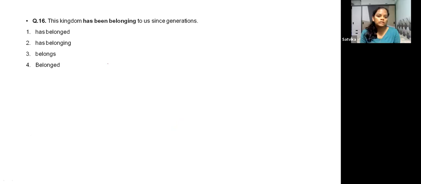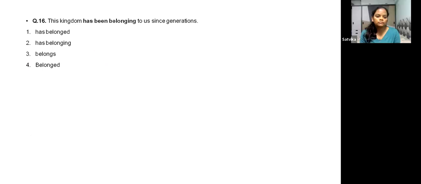Has belonged to us since generations. Now has been belonging doesn't seem to be correct. Has belonging is not. Belongs to us or has belonged?